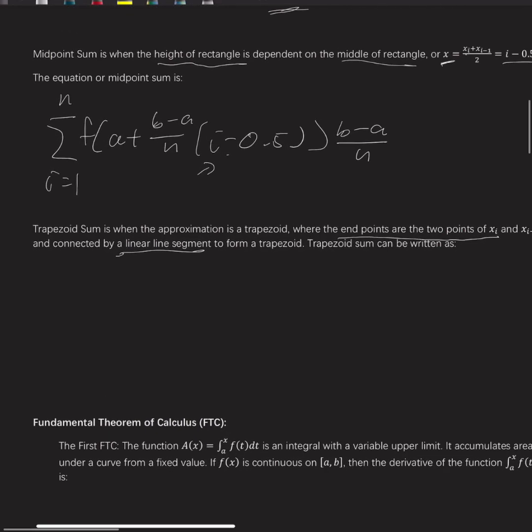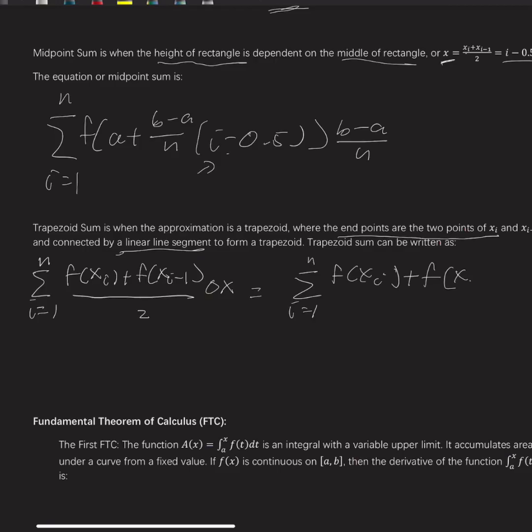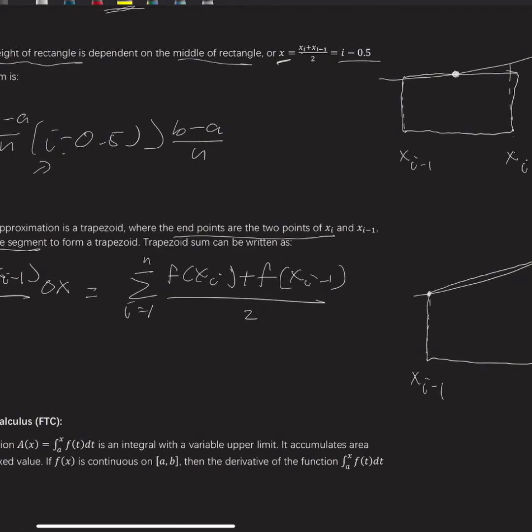The formula for the trapezoid sum can be written in summation notation, sigma from i equals 1 to n of (f of x_i plus f of x_{i-1}) over 2 times delta x, which is equal to the sum from i equals 1 to n of (f of x_i plus f of x_{i-1}) over 2 times delta x, where delta x is (b minus a) over n.